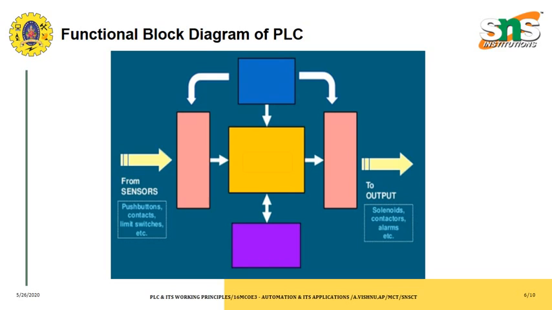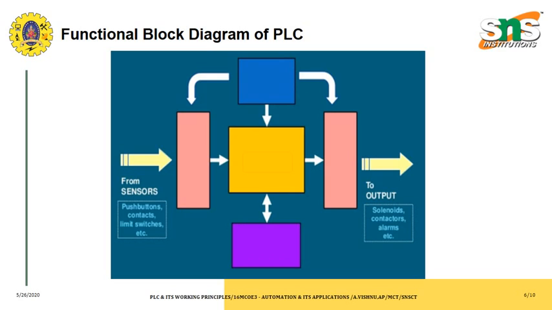For that, people use sensors to read physical parameters from the surroundings, and also push buttons, contacts or limit switches to obtain those inputs. And these parameters are obtained mainly to achieve the operation at its output end.